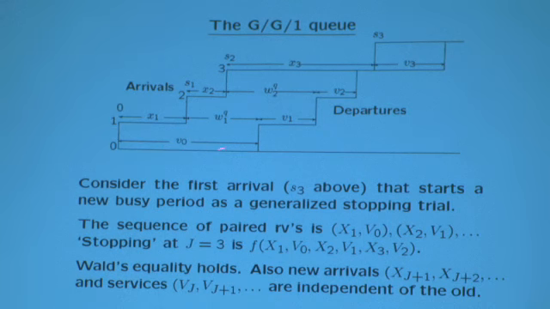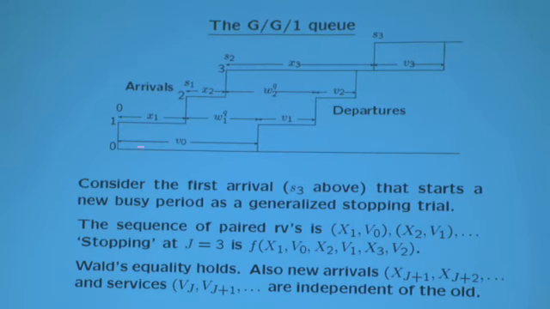You have these services going on. V0 for this particular sample function is the time of the service of this 0th arrival. V1 is the time of the service of this X1.